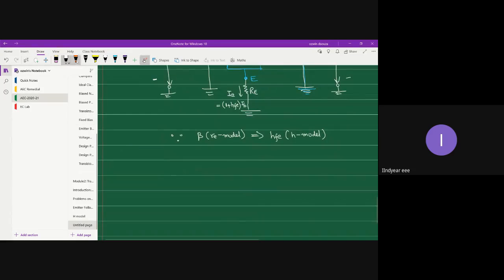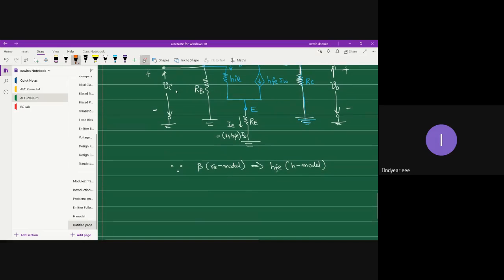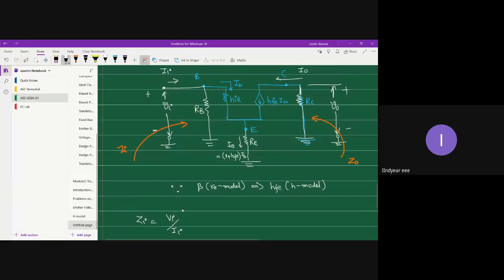And you can start extracting ZI, Z0. Everything remains the same. It is just like your RE model, except for the terminology. So this is ZI, this is Z0. ZI is basically VI by II. But things are not straightforward here, because between base and ground you have RB in parallel with these two resistors, HIE and capital RE.